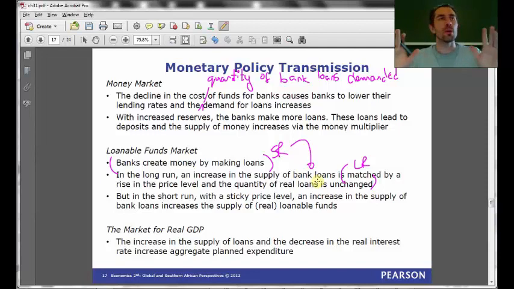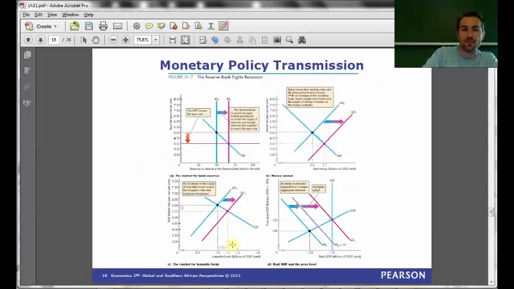So the real interest rate ultimately doesn't change, which is what we end up seeing. So there's a long run effect, but in the short run, with a sticky price level, an increase in the supply of bank loans increases the supply of real loanable funds. Okay? And then the market for real GDP, the increase in the supply of loans and the decrease in the real interest rate increase aggregate planned expenditure.